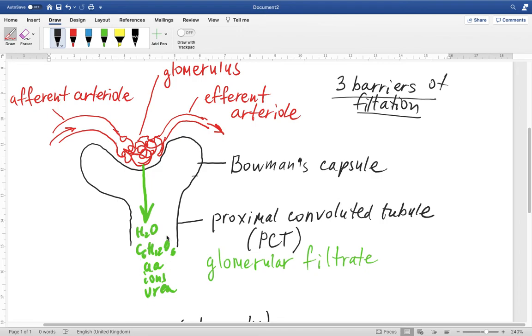Because those molecules we were talking about are really tiny, whereas a single molecule of hemoglobin is much, much bigger than the size of molecules like water or glucose. And a single red blood cell, you remember, contains millions of individual hemoglobin molecules. So again, this is not something which would be able to get through these barriers of filtration.